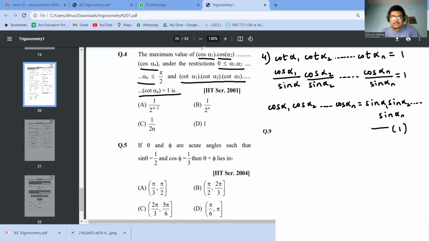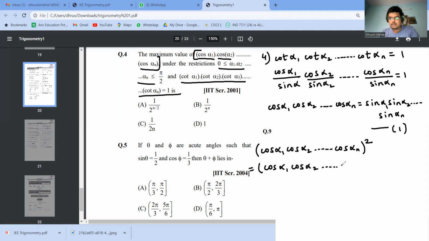So we have to find the value of this expression, correct? I'll consider the square of this expression. So cos alpha 1, cos alpha 2 up to cos alpha n, I'll consider the square of this. So Arush, Trisha, Muskan, we will get cos alpha 1, cos alpha 2 up to cos alpha n into, I can write the same thing again because its whole square is just the same thing multiplied to itself.